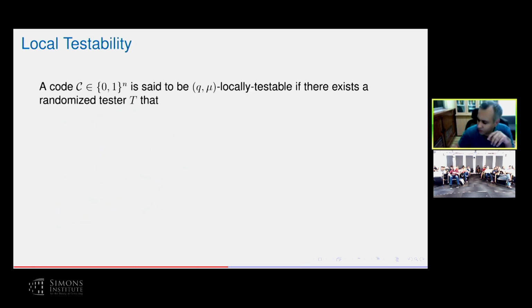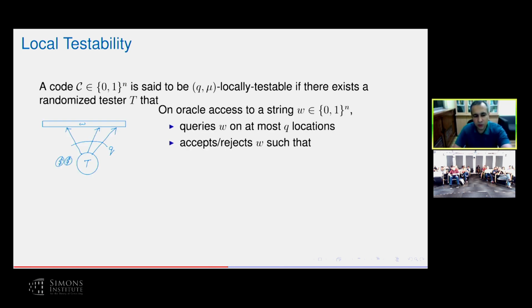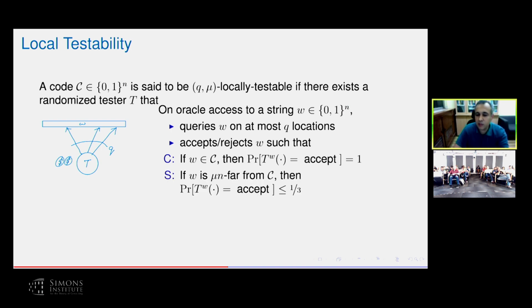A code C is said to be (q, mu) locally testable if there exists a randomized tester that gets access to a received word W, queries it on at most q locations, and accepts or rejects W such that whenever it sees a valid code word, it accepts, and when it sees something which is far from the code, it rejects with considerable probability.